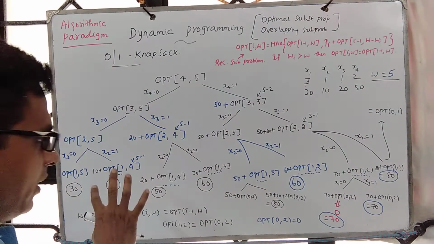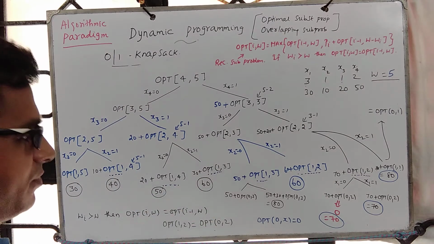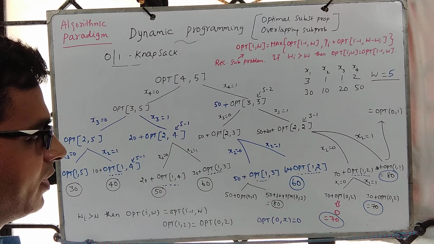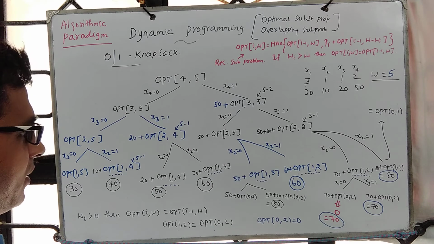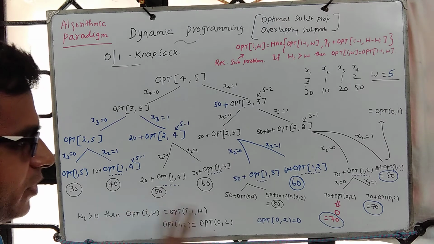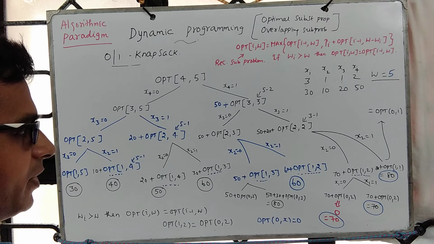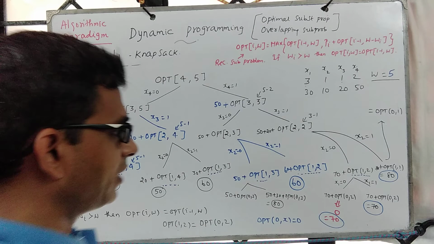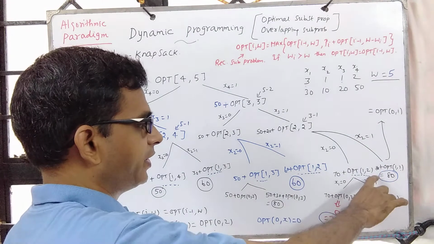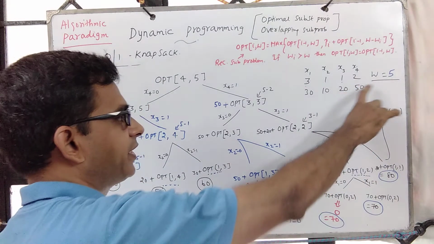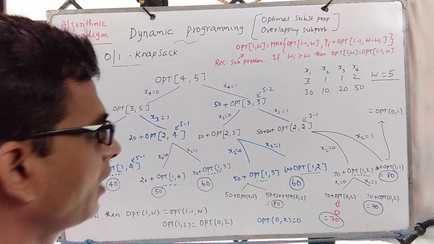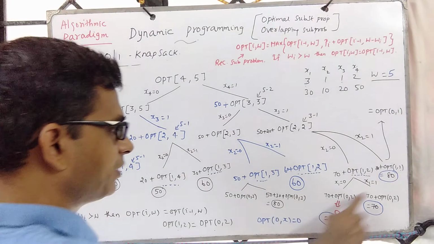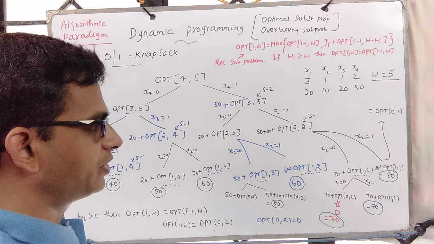So we clearly see there are overlapping subproblems, and if you look at this recursion tree, it tells you all possible feasible solutions. When I say feasible, I mean solutions in which the total weight will not exceed the capacity of the bag. And of all that, we see that this one is 80, this one is 80, this is considered to be maximum.